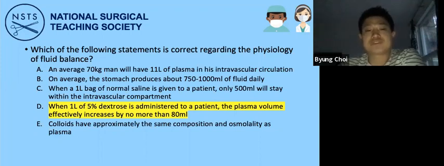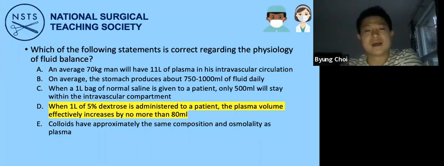Average 70 kilogram man will have 11 liters of plasma. That isn't true, because you've only got about 3 liters of plasma in the intravascular circulation. So it's just plucking a different number. 11 liters is the total of extracellular fluid.